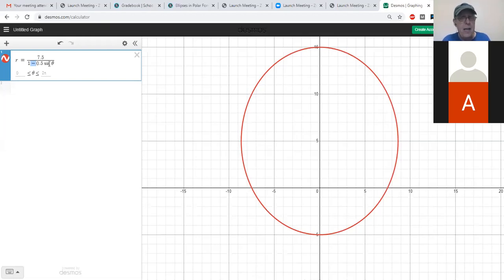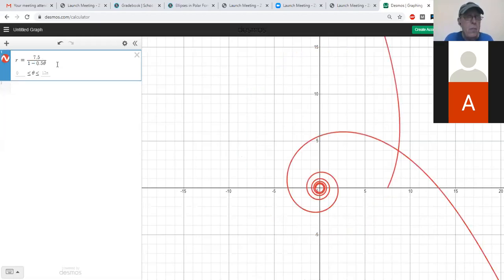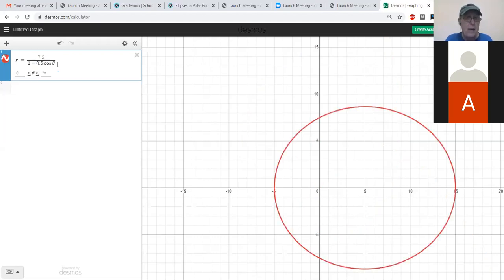And changing the sine and cosine flips it vertically, right? So let's go back to the original form, which is, ooh, that's an interesting looking pattern. Do you see that? Mm-hmm. What do you think of that? It's a couple of spirals, right? Yeah, we'll look at that later. Okay, so let's go back to the cosine, and there's our original ellipse.